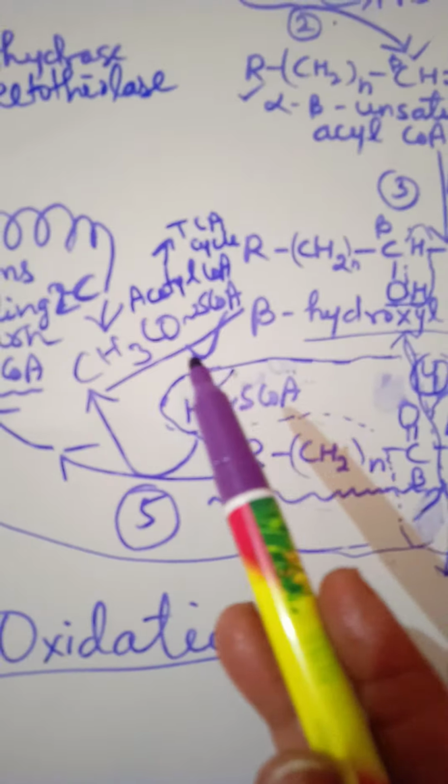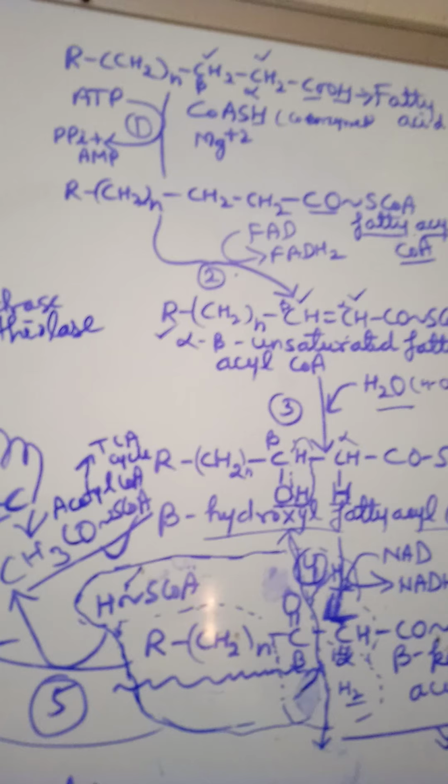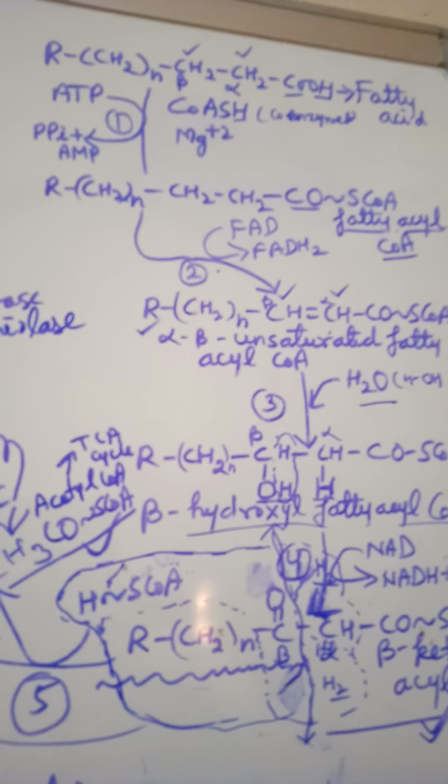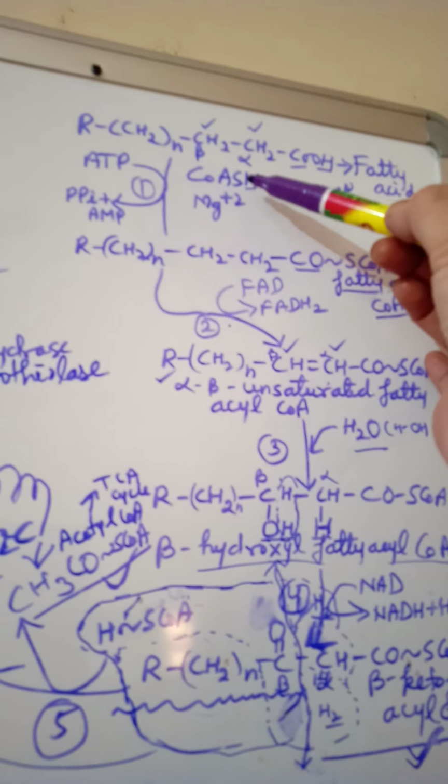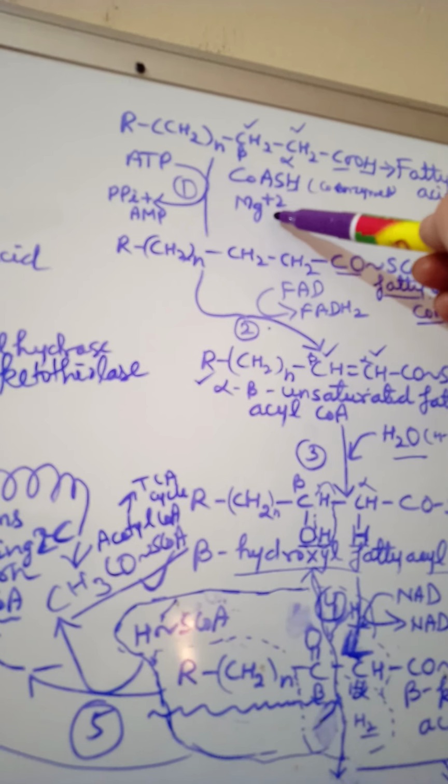The fatty acid is activated and converted into thioester by thiokinase in the presence of coenzyme A, ATP and magnesium ion.